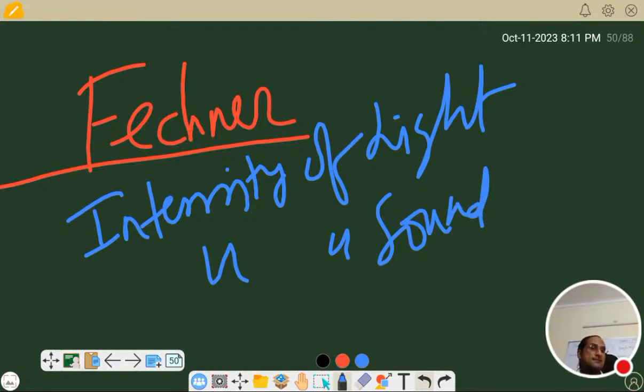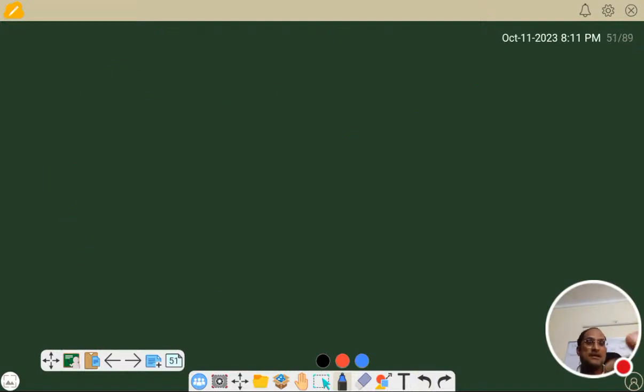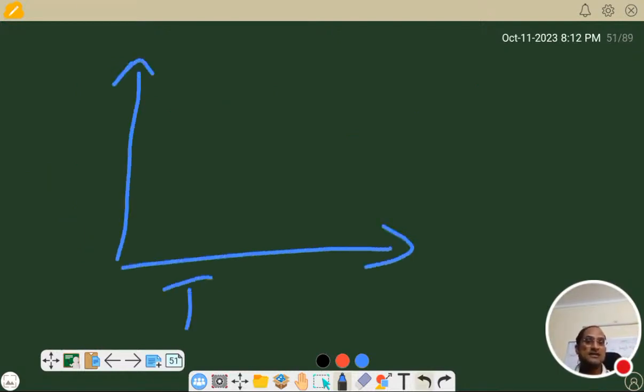That is, if the intensity of light is too high, the way we perceived it was equally like the intensity of the physical stimuli, intensity and the way we perceived.